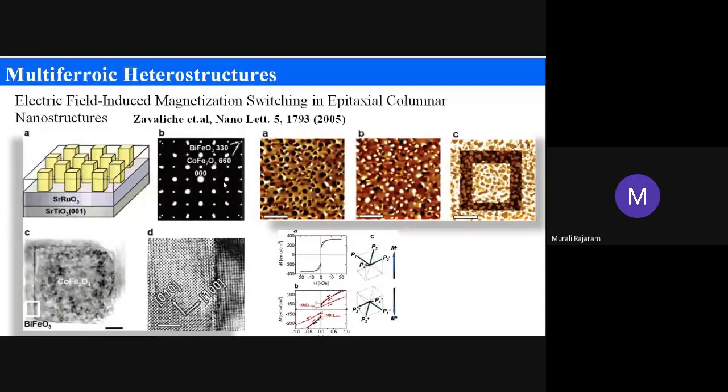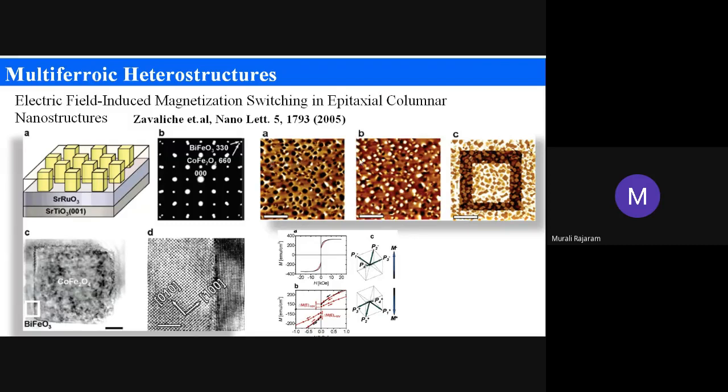So they wanted to replace barium titanate with bismuth ferrite, because bismuth ferrite is a room temperature ferroelectric, and this is one of the very famous MFM images. This is the MFM image where these black dots are cobalt ferrite nanorods.